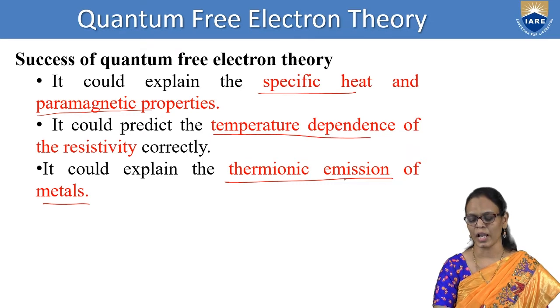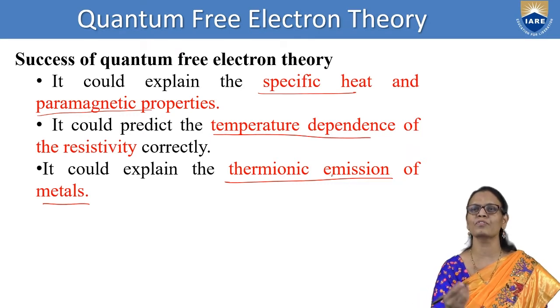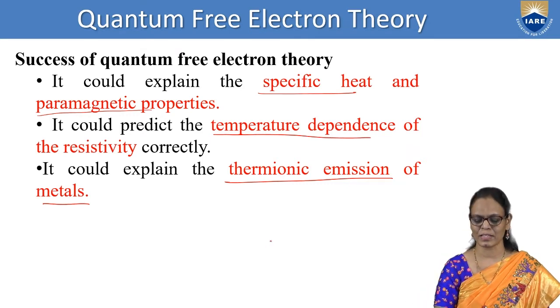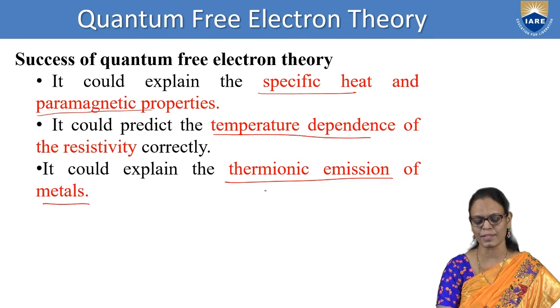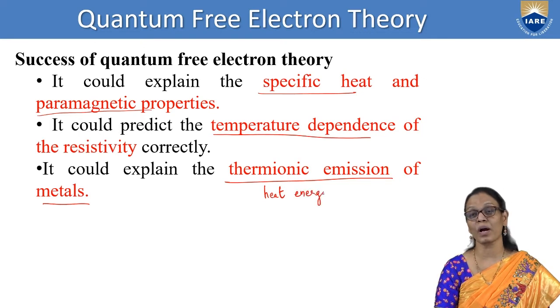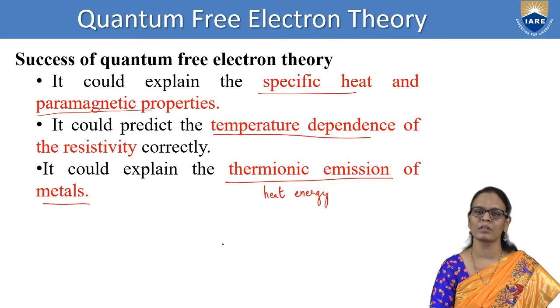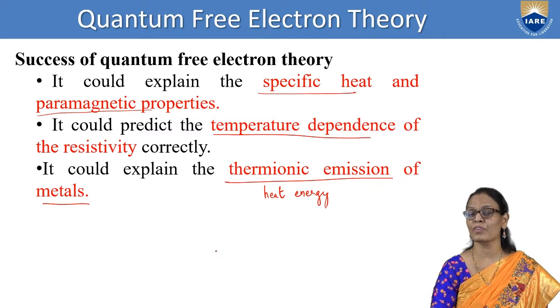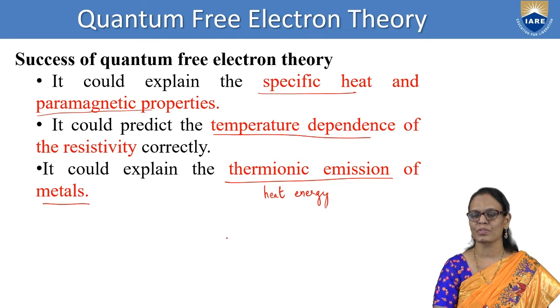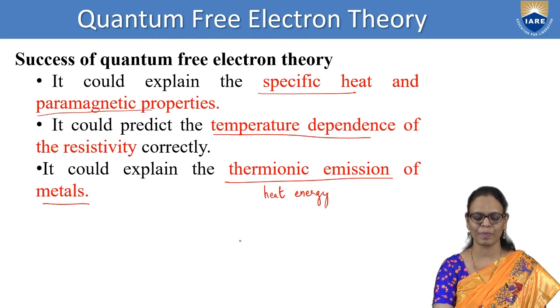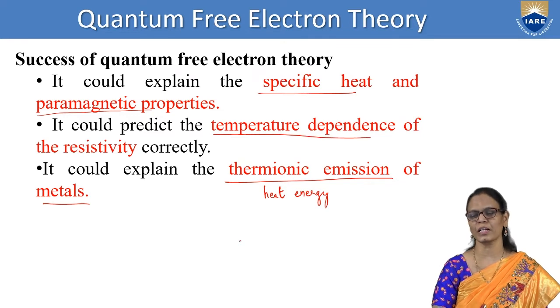Emission means emitting of electrons from the metal surface, and thermionic emission is by supplying heat. Heat is nothing but a form of energy. You have to supply energy to these electrons to overcome the barrier, that is, the infinite potential at the surface. So thermionic emission also could be successfully explained with the help of quantum free electron theory.